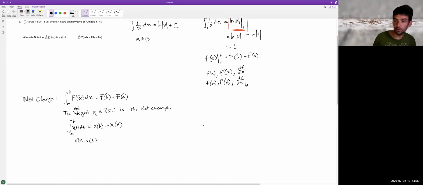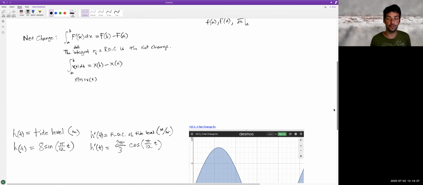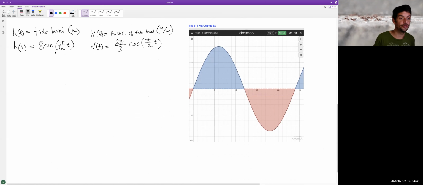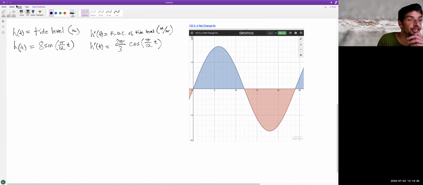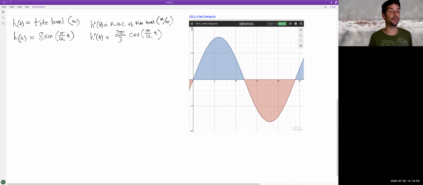Okay, so let's do one more example of that kind of thing with something that's not velocity. We tend to use that example a lot, it's a good one, but let's try to use something else for a change. So here I have a function that I've already written out. H of t is going to be the tide level in meters.